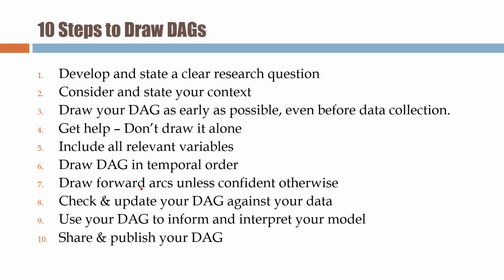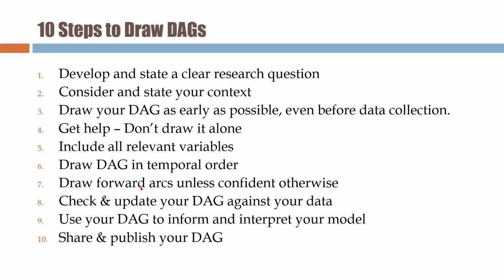Then you can complete your DAG, including all relevant variables. You might doubt a variable doesn't matter, but unless you are sure, you have to include everything. Later, maybe you can cut it off, but you had better keep all the relevant variables, unless you are sure they are not.